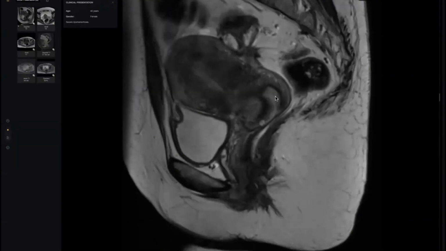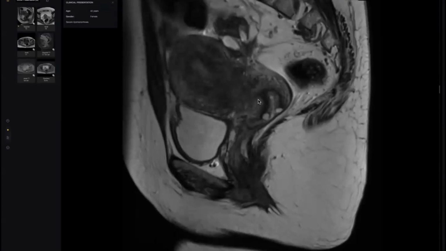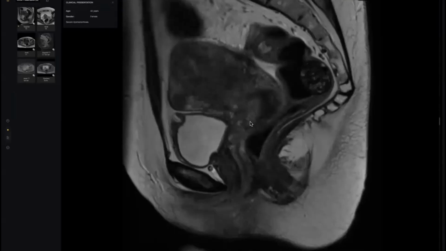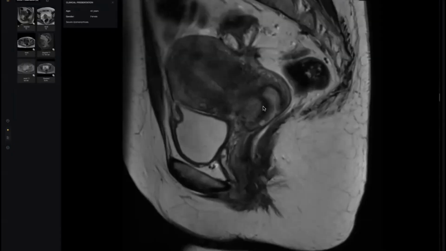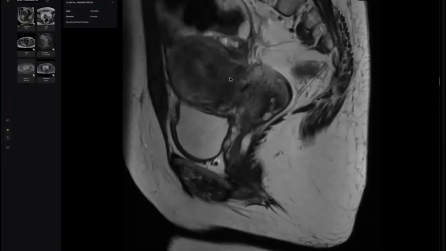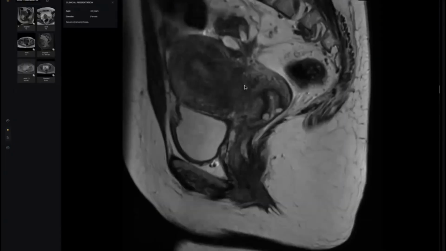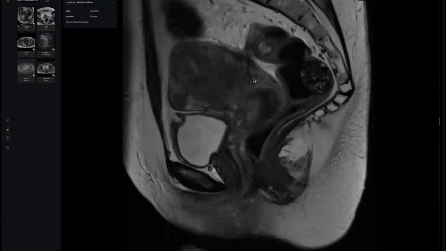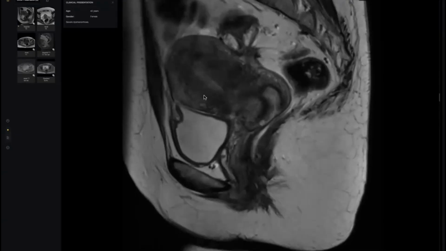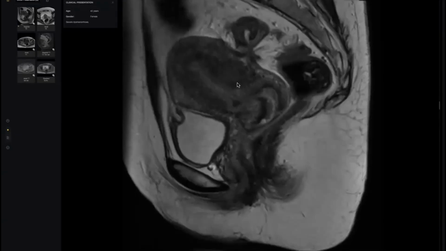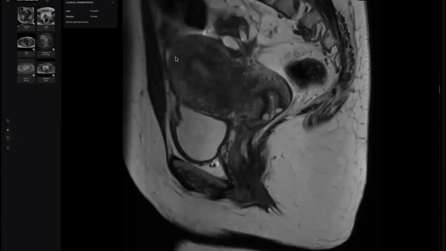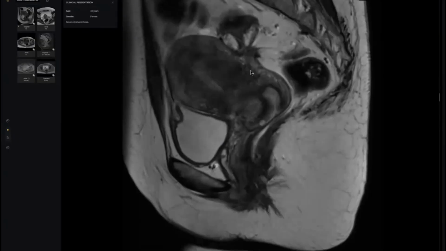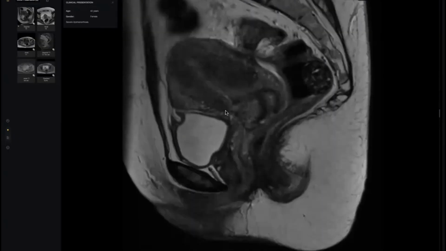I can see the uterus appears enlarged in size, and there are multiple hypoattenuating lesions noted within the myometrium of the uterus.